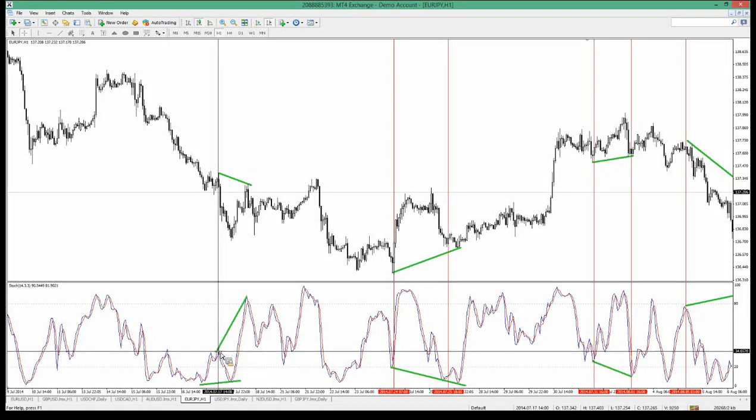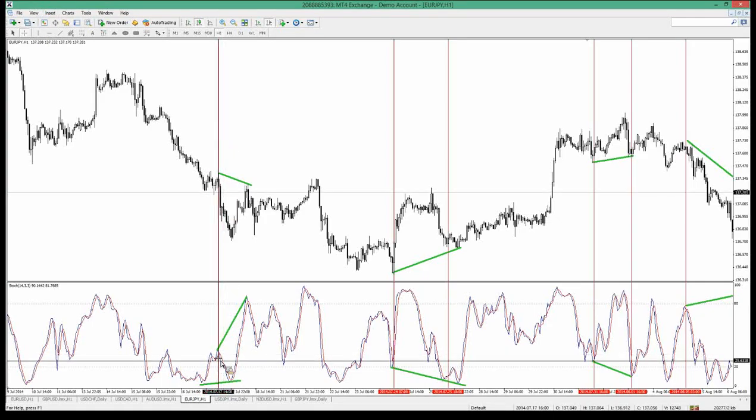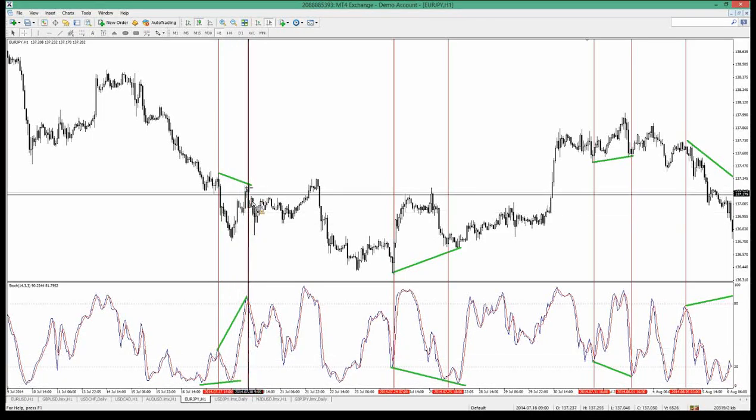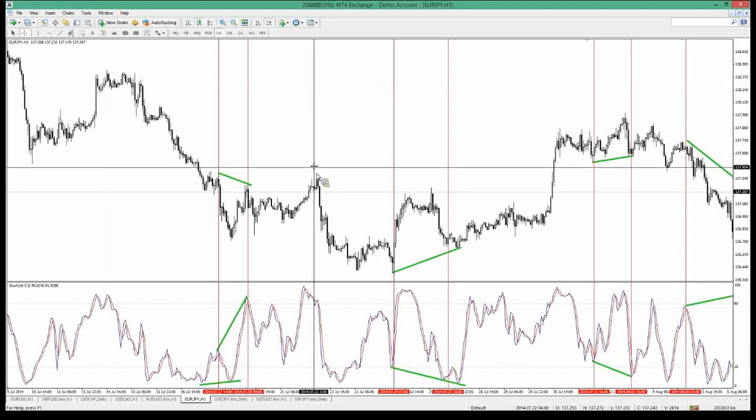So we have price making a high, the MACD stochastic making a lower high down there, and then a higher high with price making a lower high here. You see the difference when we're in a downtrend.